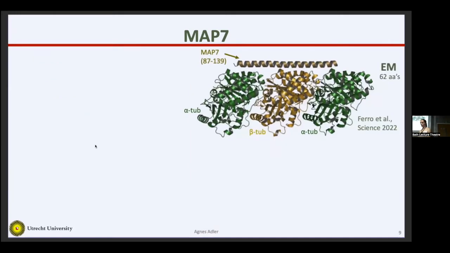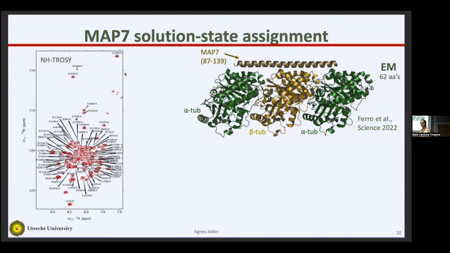So this year, a cryo-EM structure was published of MAP7 bound to microtubules, but this cryo-EM structure is actually showing an alpha helix shorter than the region that is reported to bind the microtubules. And also what I did with solution state already.